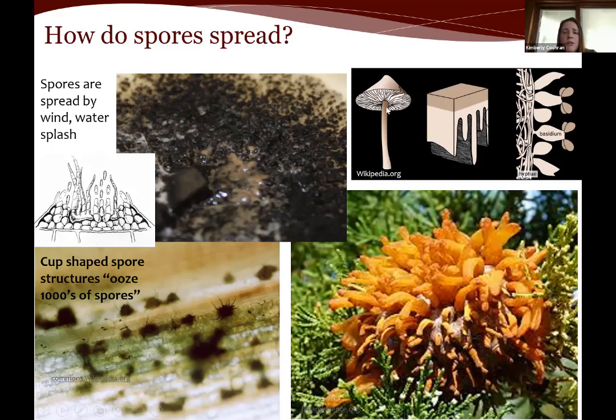We have a mushroom on a stalk here, and on the underside of the mushroom cap we have the gills, and that's where the spores are made, and those drop off. So given that it's on a stalk, held up off the ground a little bit, and facing downward where we're not going to get a lot of rain droplets directly hitting it, I think it's pretty apparent that it's probably going to be spread by wind, right?